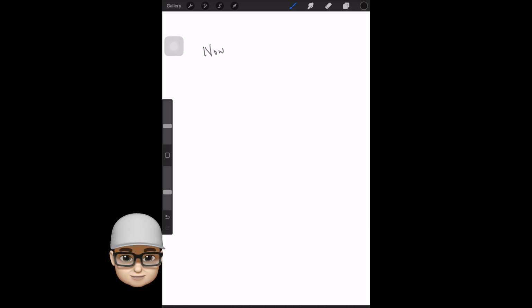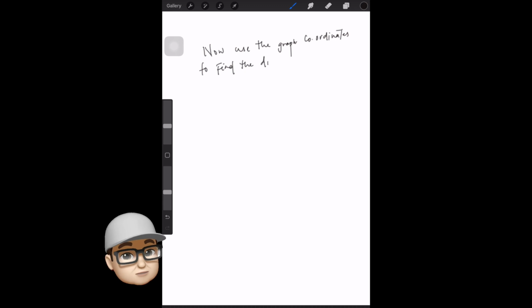Now we have identified or substituted the Pythagoras theorem with the graph coordinates. Okay, we have identified what is our formula or what is our equation. Okay, now we also know what exact coordinates we have for which we need to find out the distance.